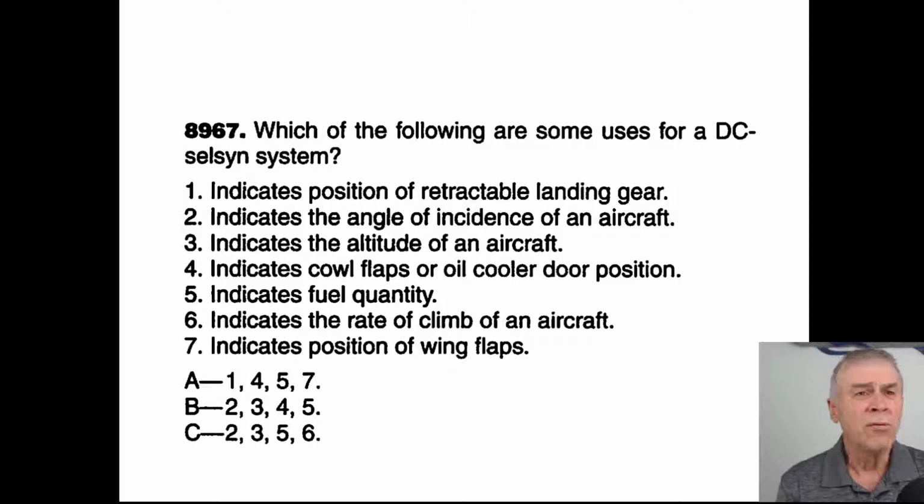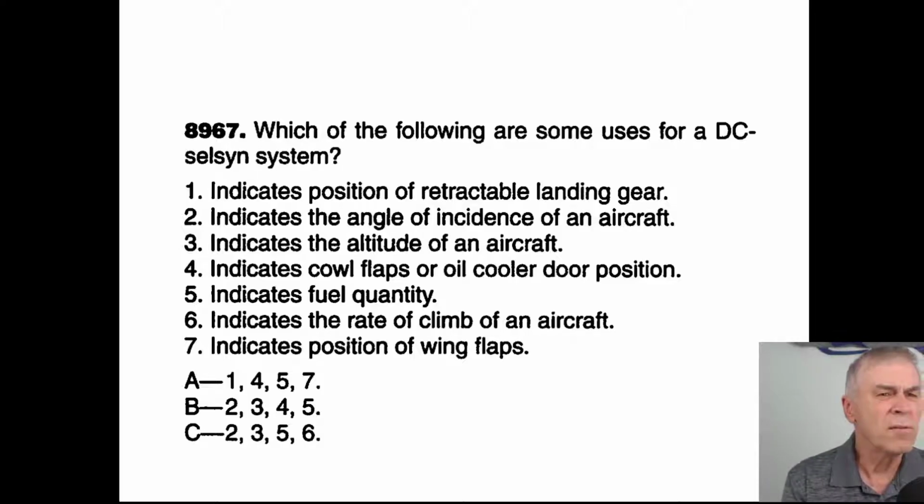But to go through the other ones, indicate the cowl flaps. Well, definitely the cowl flaps and the oil cooler door. Okay. I haven't seen that indicator, but I believe it. Indicate the fuel quantity. No. No, I guess it does. I guess that is exactly how the electrical resistance transmitters work.